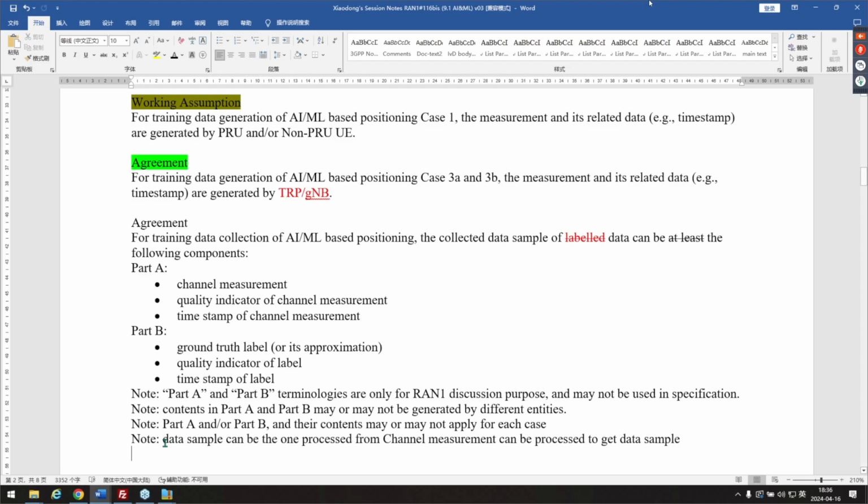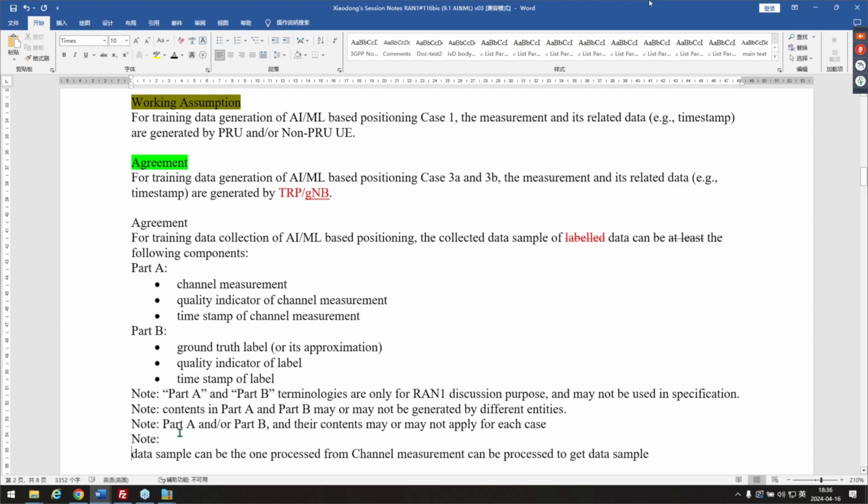We have had this sample versus path definition discussion. So I would suggest sticking to what's in part A here, and the note may simply say that the exact definition of channel measurement is for further discussion.